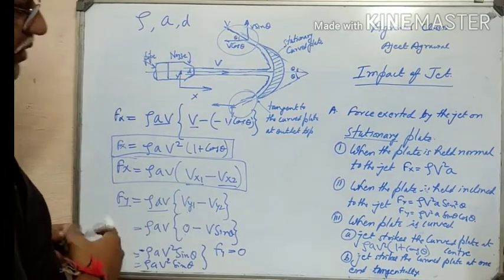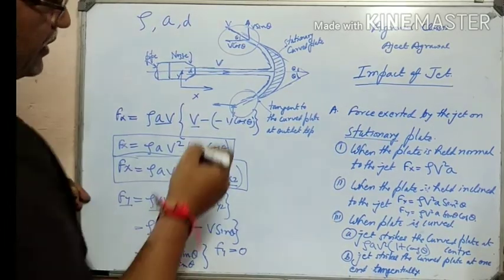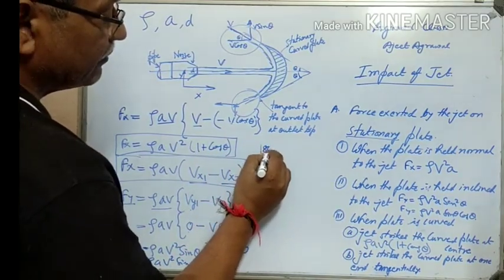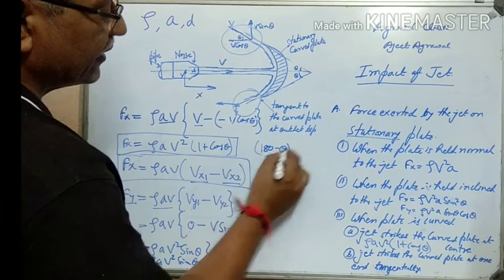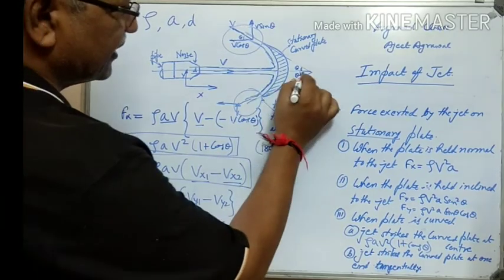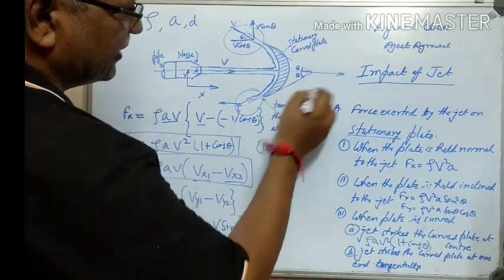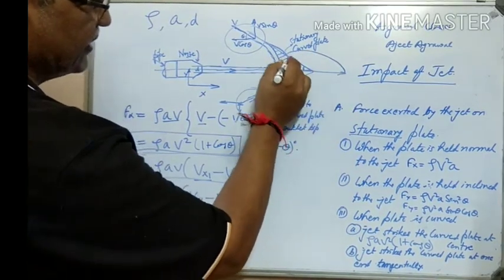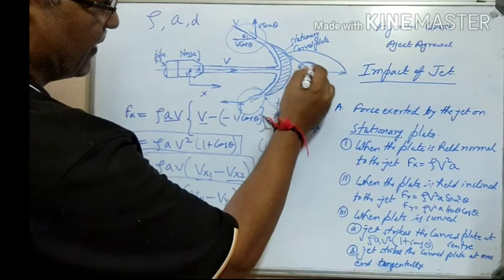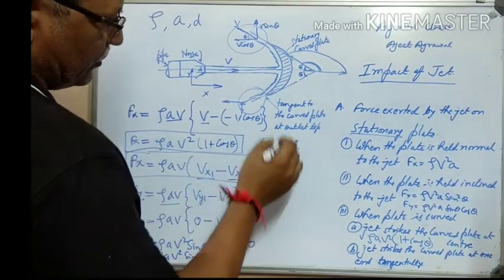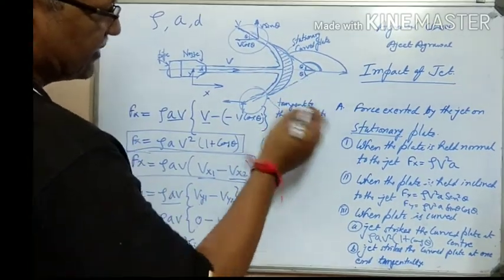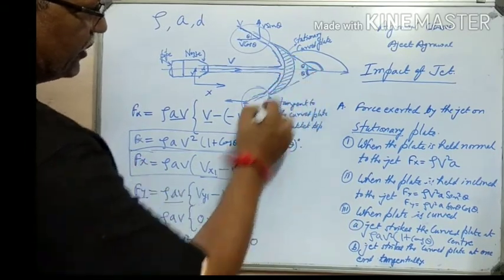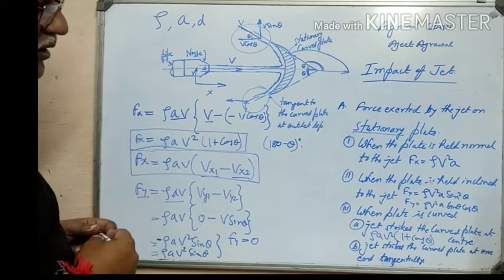In this case, one more point has to be remembered: the jet is deflected by 180 minus theta degrees, because the jet is moving in this direction initially and then it starts moving in this direction. So this is the angle of deflection of the jet. It is 180 minus theta, and here 2 theta is the total included angle of the curved blade.